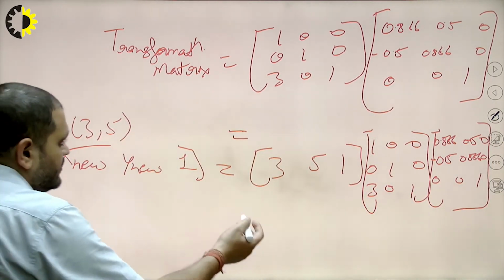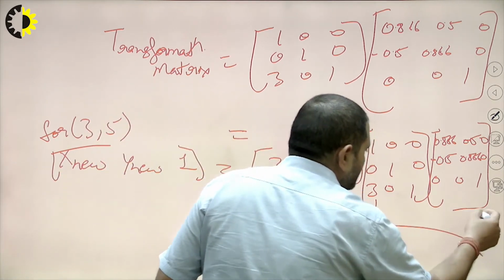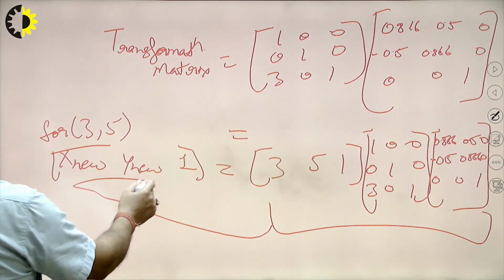From here, after multiplying these matrices, we can easily find the new coordinates, x new and y new.